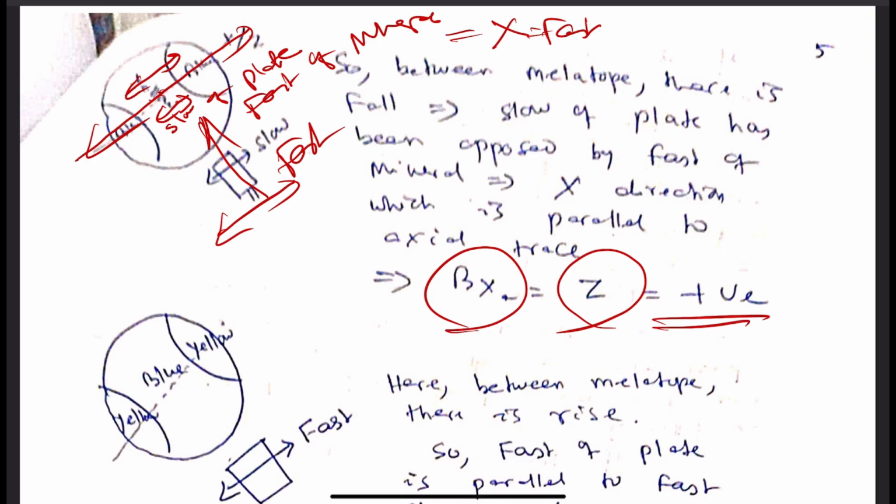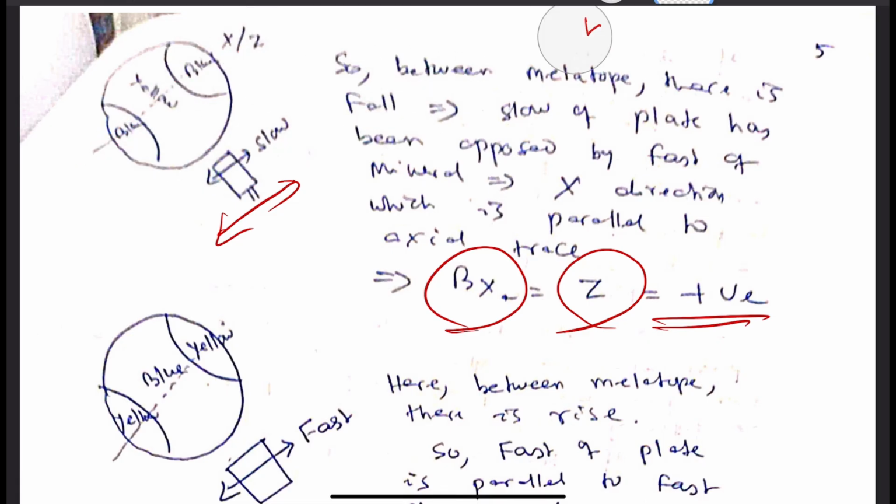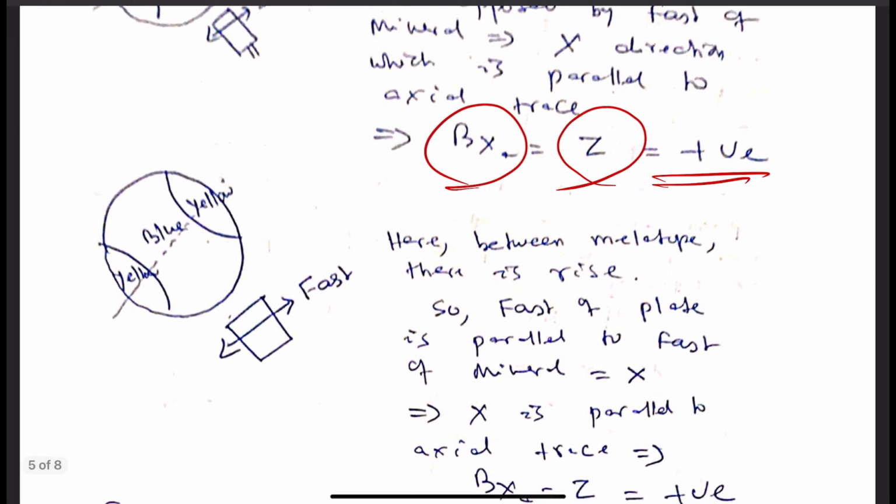So we will see. It is very easy to identify. First we have to see the direction of the plate. We will see the color inside. Here the plate is fast, and the color has been blue.